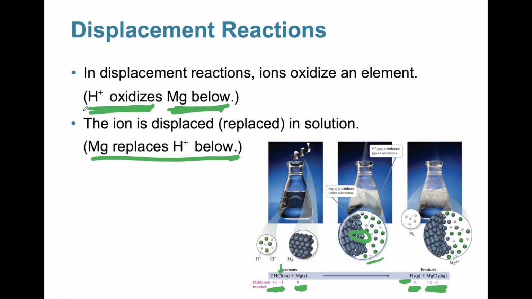So, just to be clear, magnesium got oxidized and hydrogen got reduced. So when it says hydrogen ions, or protons, H plus oxidizes the magnesium, that means that hydrogen got reduced, and magnesium got oxidized because it lost electrons.